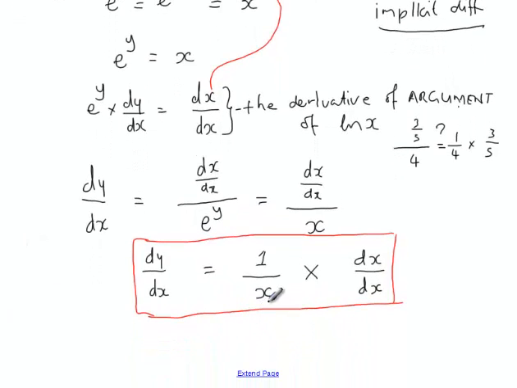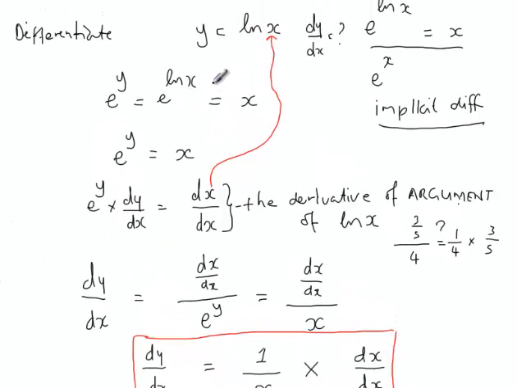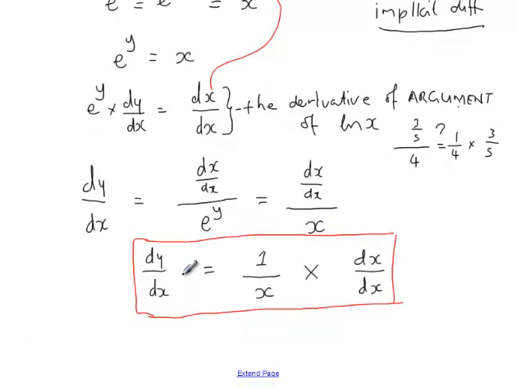Listen to this. Put your pens down. The question is, what is the derivative of ln? There it is. What is the derivative of ln? Here is the answer. The derivative of ln is 1 over the argument of ln multiplied by the derivative of its argument. It doesn't get more difficult than that.